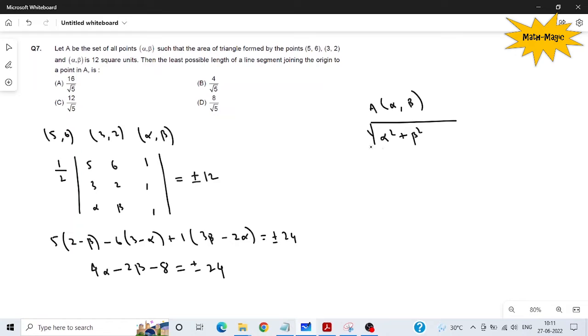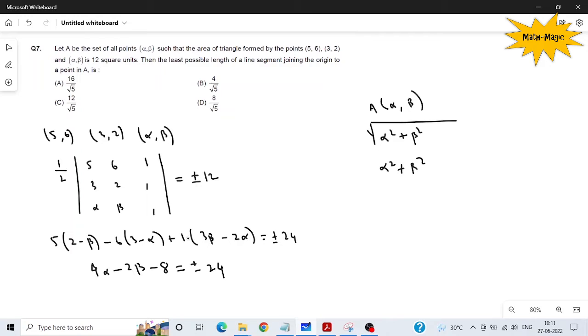We have to minimize this. For simplification, we can find the minimum value of alpha square plus beta square, and then take the square root of that.